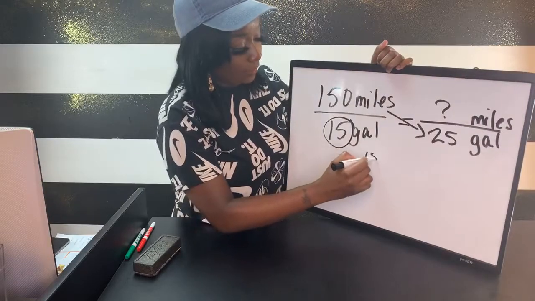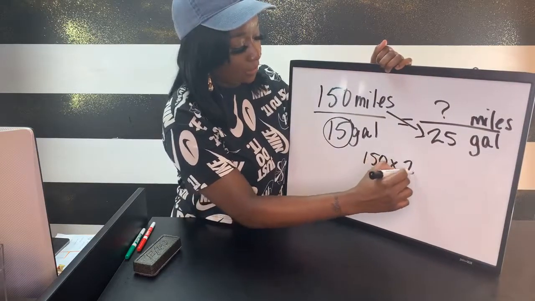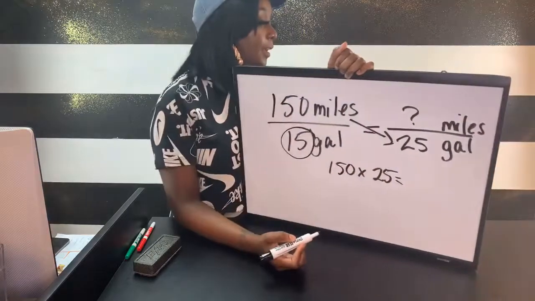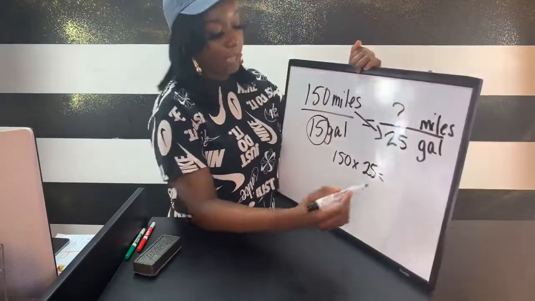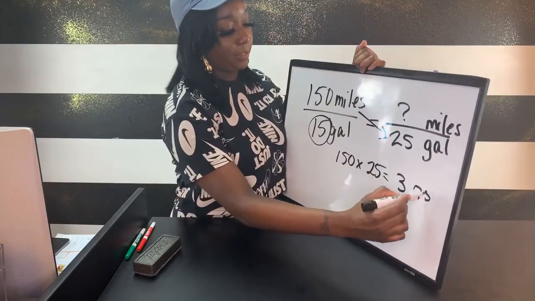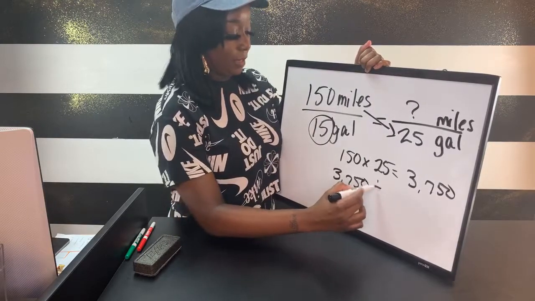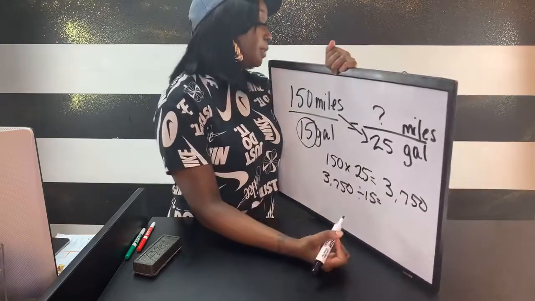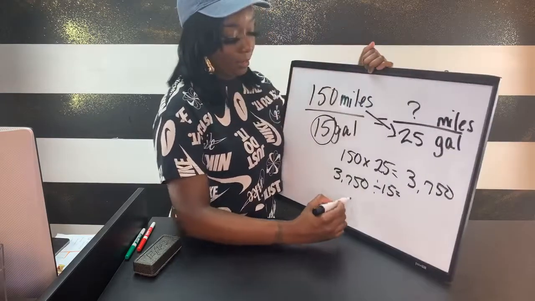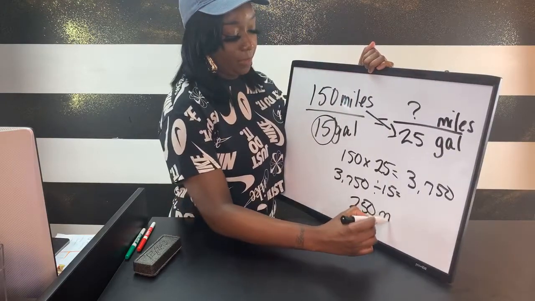So 150 times 25 gives us 3,750. Then we take the 3,750 and divide it by 15, which leaves us with 250 miles.